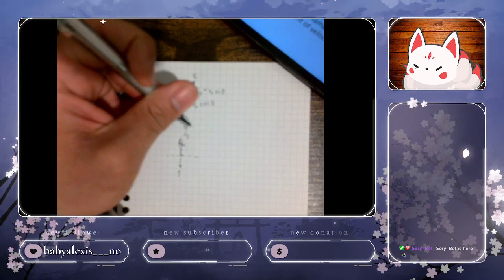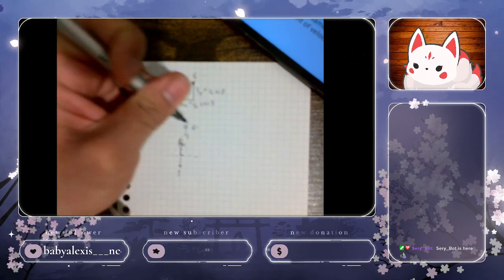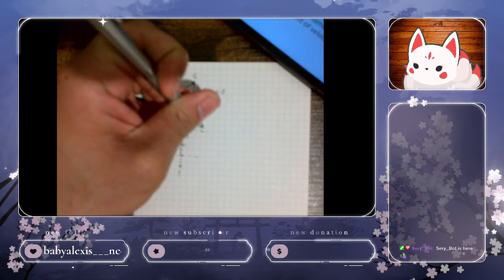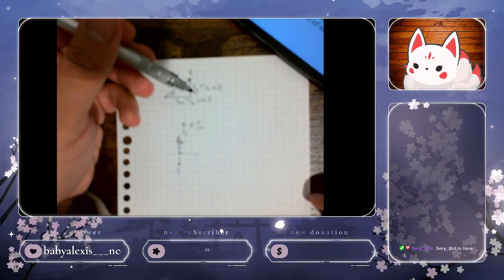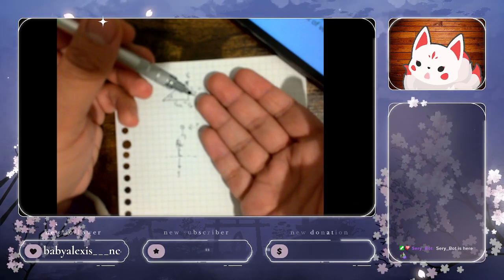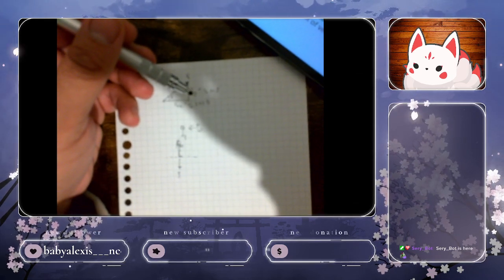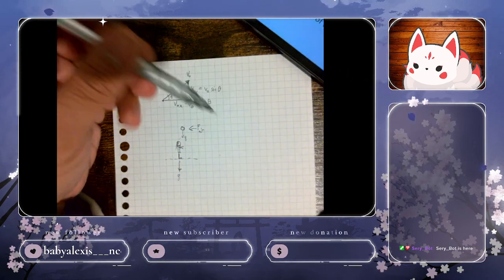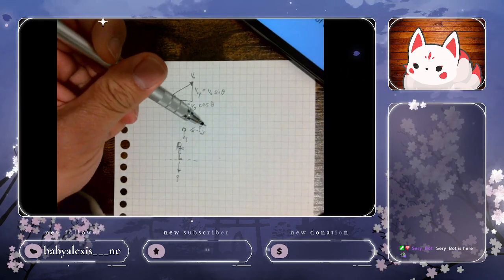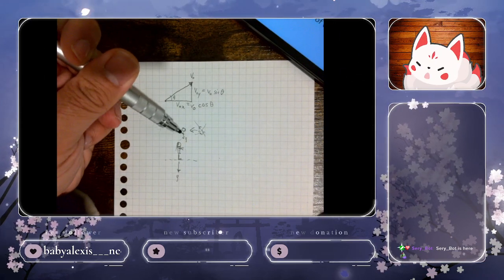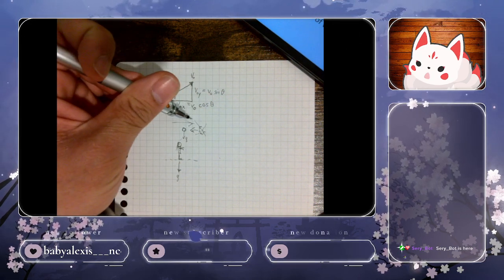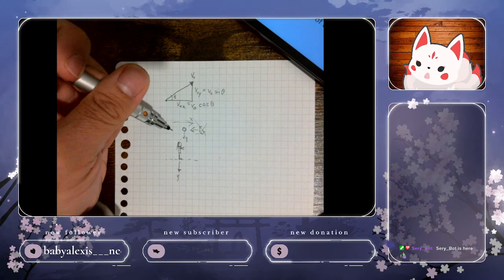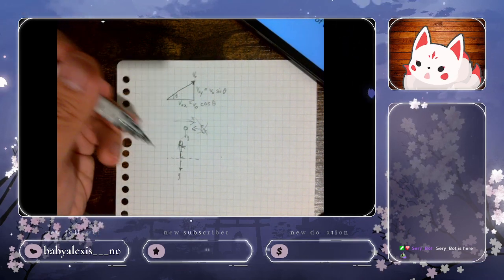If you ignore the force of air or wind, there are no forces acting on this except gravity. So in the x direction, the whole situation doesn't change.